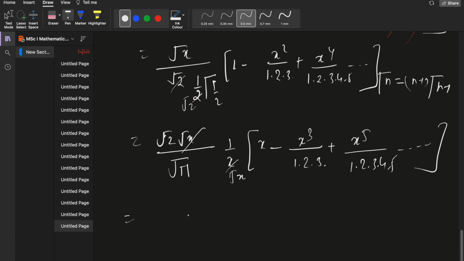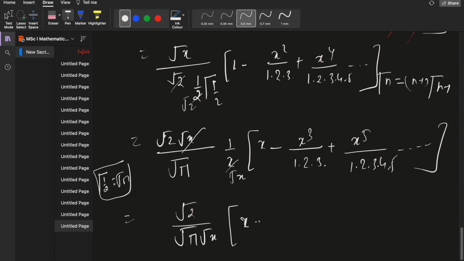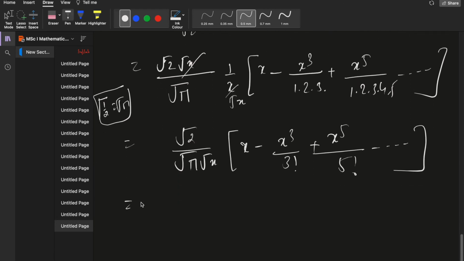Here root x is left, so this is 2 upon root pi root x. I know gamma function 1 upon 2 is root pi. So the remaining quantity, x cube upon factorial 3 plus x to the power 5 upon factorial 5, minus and so on, can be written as root of 2 upon pi x times, and this is nothing but sin x.